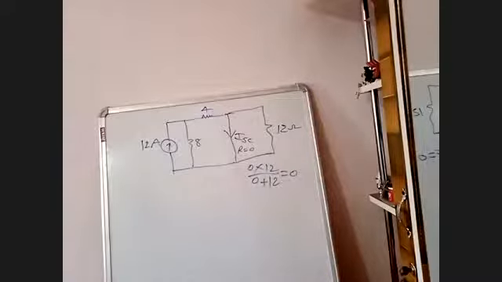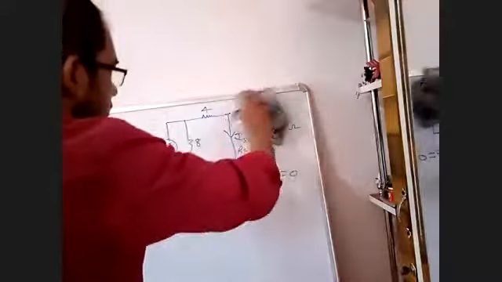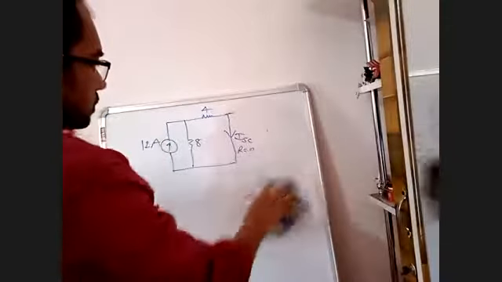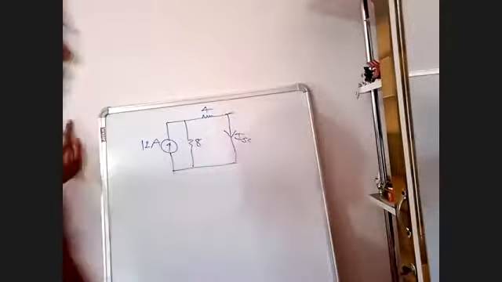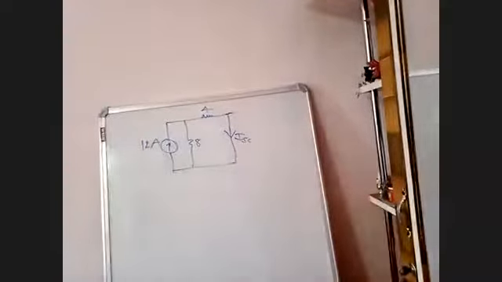Now I am removing this resistance. Now draw this circuit. The 12 ohms will not work. I had told the reason also: any resistance which is in parallel with the short circuit will not work.